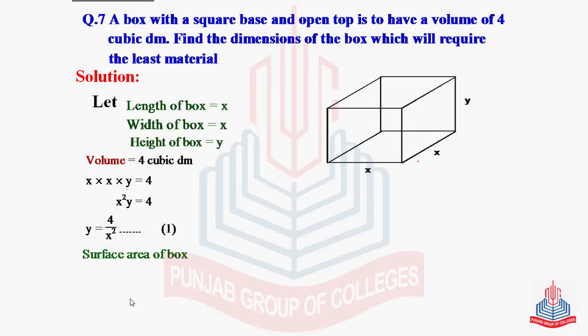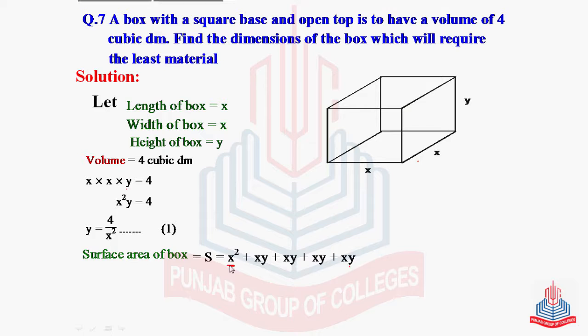So the surface area of the box should be minimum, and the surface area of the box is represented by S, which is x square plus xy plus xy plus xy plus xy. This is actually formed by, this one is the area of the base, as the base is square, so that will become x into x.